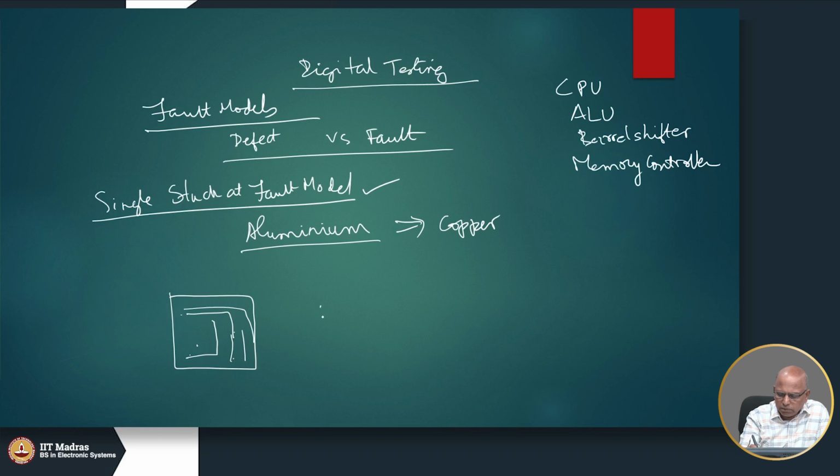Maybe I have a gate like this, and I have to connect it to this gate. And I have another gate here, and I have to connect it to this gate. You will realize that this wire is blocking it. So I will not be able to use the same plane. So I'll have to create another layer.